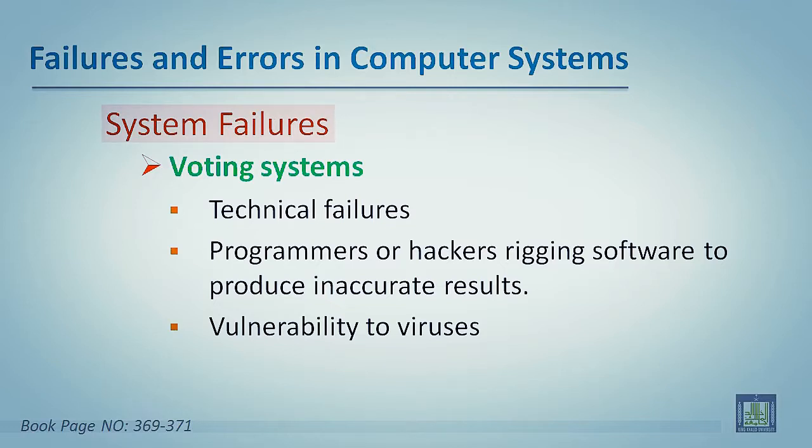First, let's start with voting systems. In voting systems, errors and failures could happen because of technical issues in those systems, because of hacking of the software of those systems, or because of vulnerability to viruses.